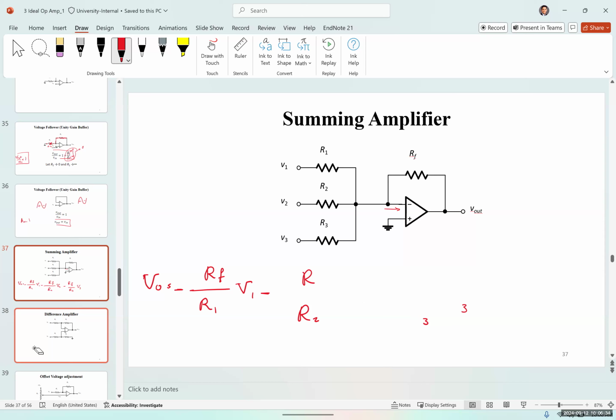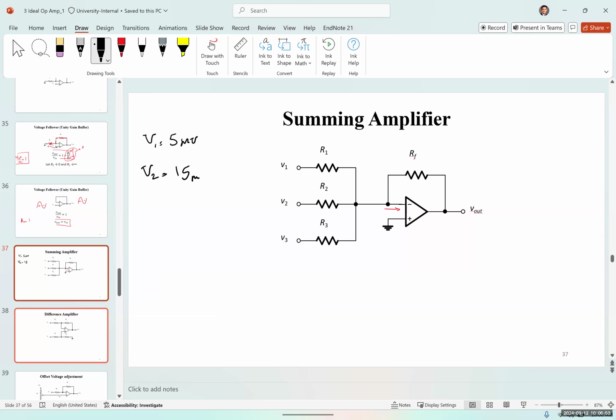Let's solve a practice problem with this. So imagine V1 is 5 millivolts. V2 is 15 millivolts. And V3 is 20 millivolts.